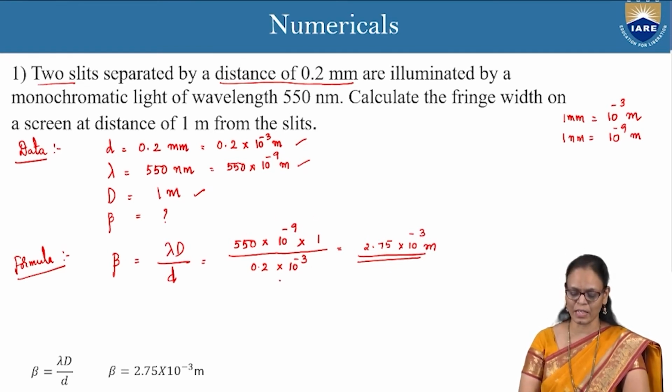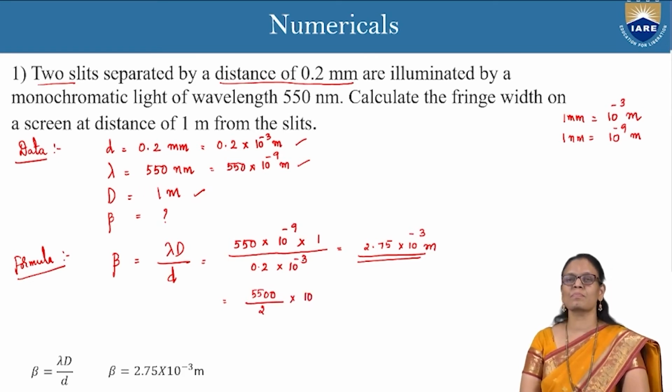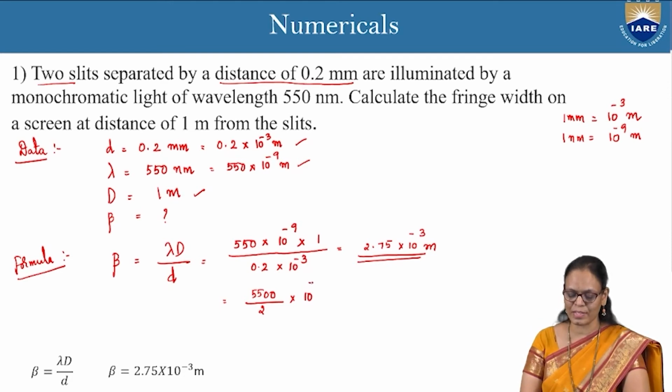You can use a calculator. You can also write it as 550 by 2 into 10 power minus 9 minus minus 3. This is minus 3; if it goes up, it becomes plus 3. So we get minus 6. So 550 by 2 we can write as 2750 into 10 power minus 6.